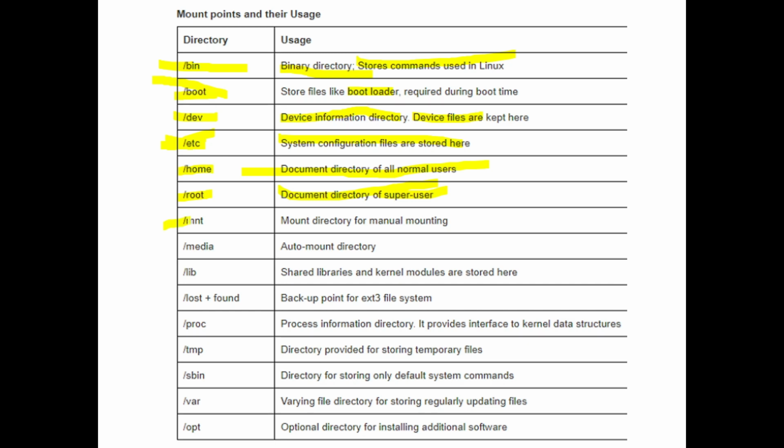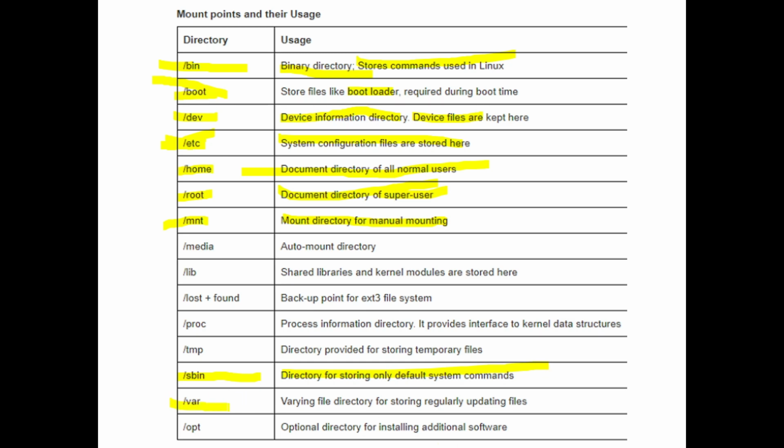You're already familiar with the /mnt directory. This is the directory for manual mounting of partitions, manual mounting of devices that the system administrator wants to access. /sbin is a directory for storing only default system commands.